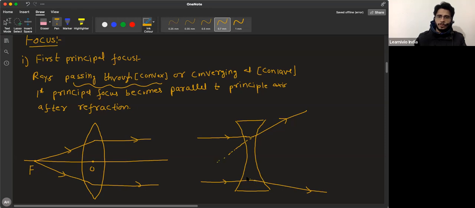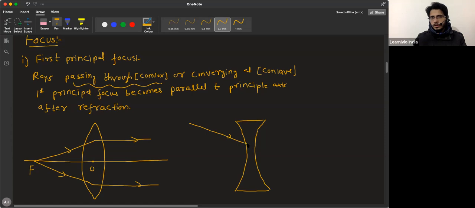When you produce them in the backward direction, they appear to meet at a point, and that point is known as the focus.